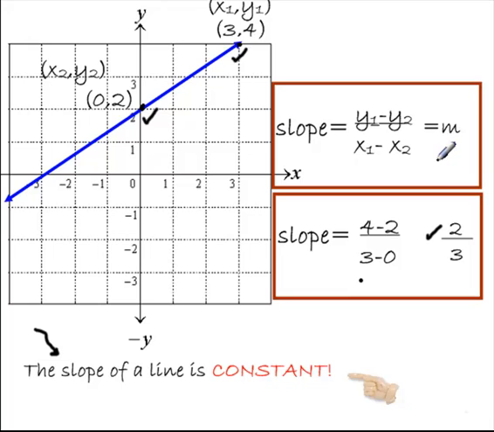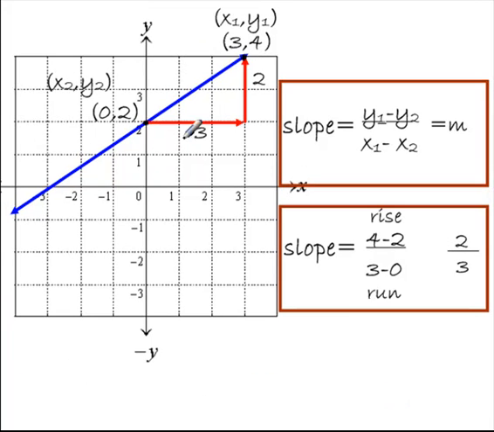Let's take a look at the concept of rise over run quickly. If I start at the point (0, 2), the bottom point, which is really the second point, and I want to wind up at the point (3, 4), what I'm going to first do is draw a line that is parallel to the x-axis, and I'm going to stop under the point (3, 4).